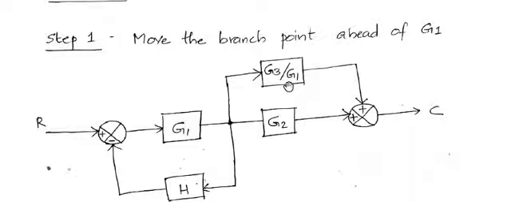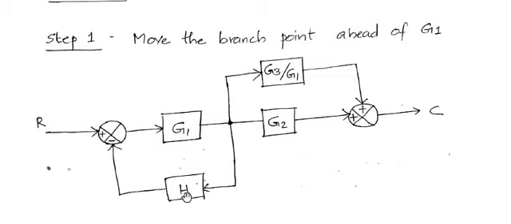Now we can see that this is a perfect negative feedback loop, so we can directly eliminate it. When eliminating this negative feedback loop, what would be the overall transfer function of the single block?